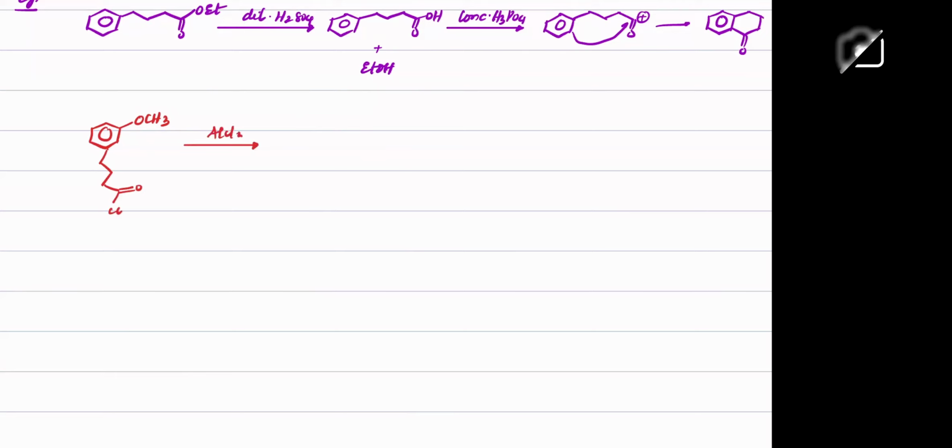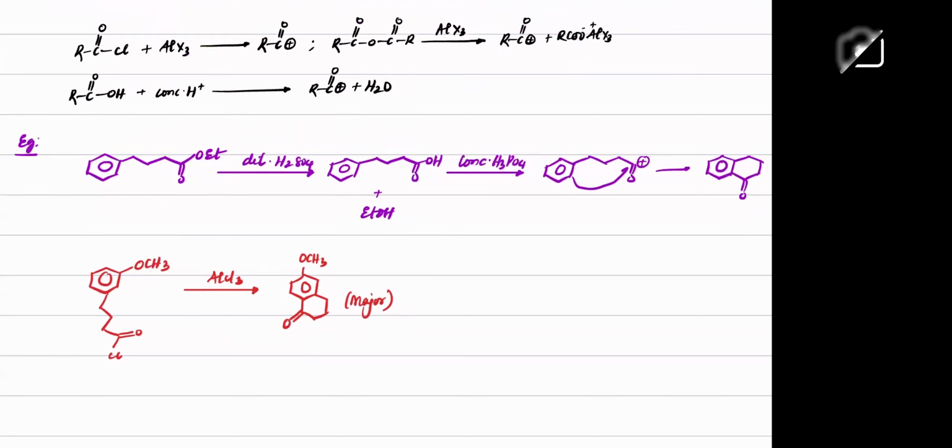Now you might usually be confused, should I put it at ortho or should I put it at para? So usually the major product will always be at para. So what you should do, if you have this as OCH3 here, from this position, a six-membered ring is formed. This is major. This is something which we need to understand. So acylation could happen this way.